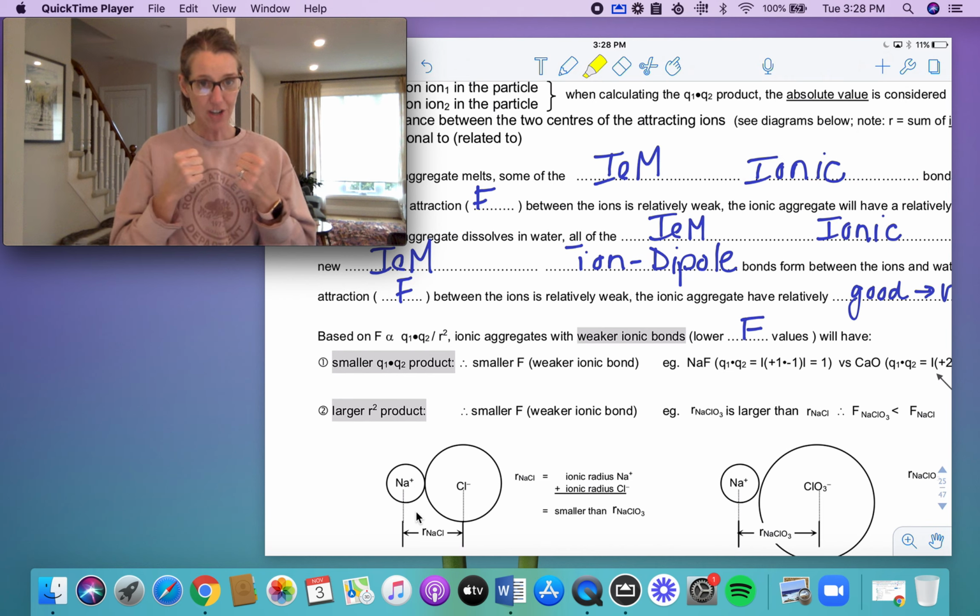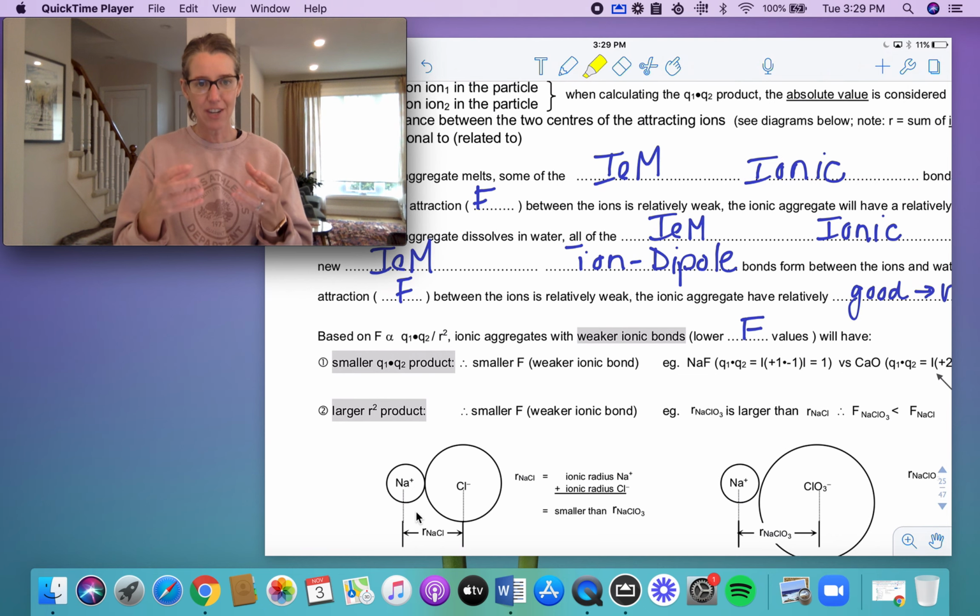If you have a weaker ionic bond, it may be because the ions are a little bit bigger. Okay, what if they're farther apart? They're going to be weaker. What if there's no charge difference between those ions? Then you're going to have a weaker force.